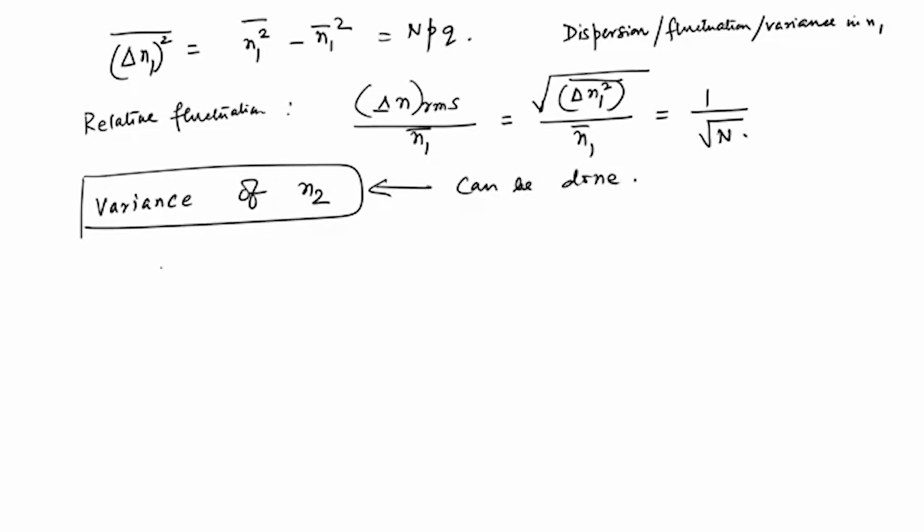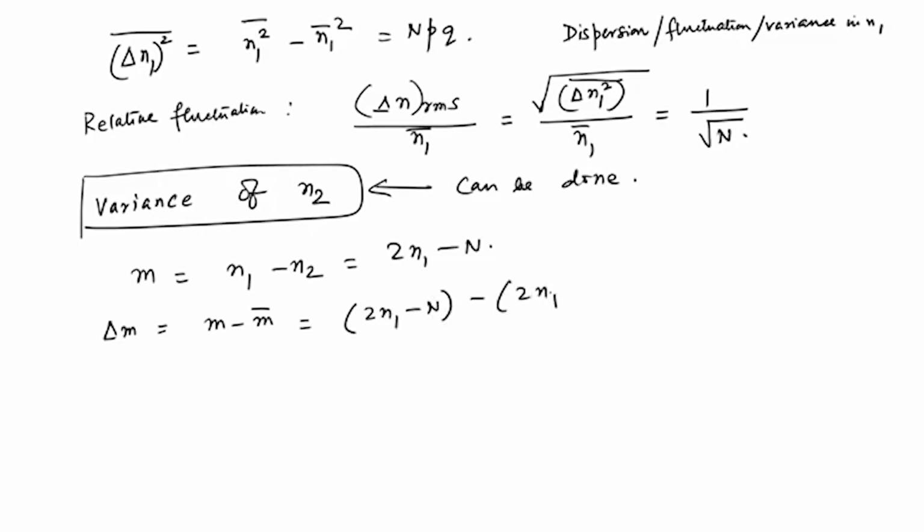And once we do that, your m becomes equal to n1 minus n2, or you do not actually need the variance of n2 to get the variance of m, because m is nothing but 2 n1 minus n, and delta m, which is m minus m average, is equal to 2 n1 minus n minus 2 n1 average plus n, and this is nothing but 2 (n1 minus n1 average), which is equal to 2 delta n1.